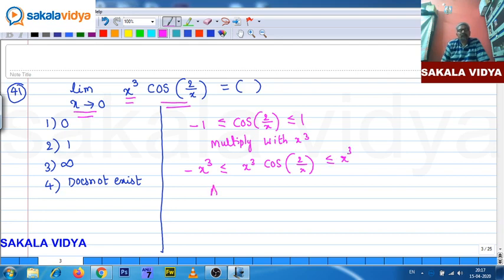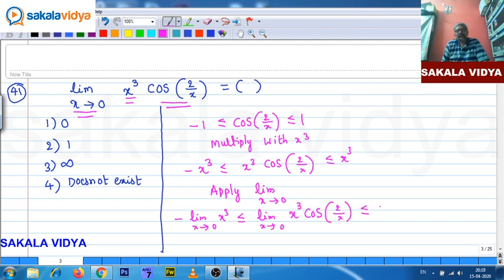Now, apply the limit as x tends to 0. So, limit x tends to 0 of minus x cube is less than or equal to limit x tends to 0 of x cube cos of 2 by x, less than or equal to limit x tends to 0 of x cube.